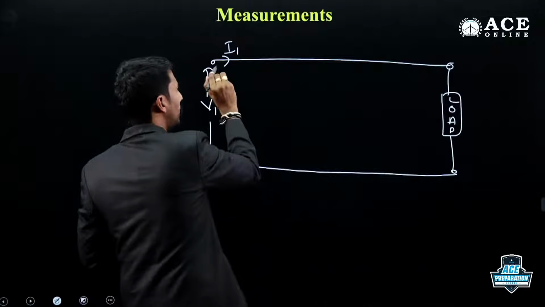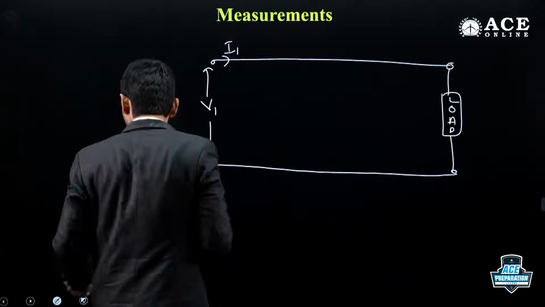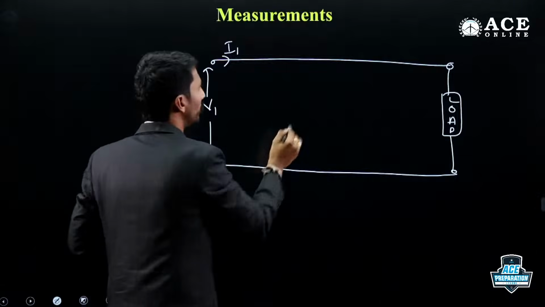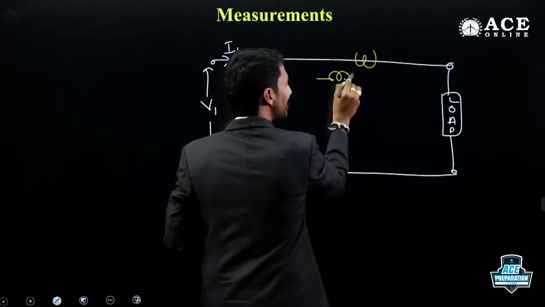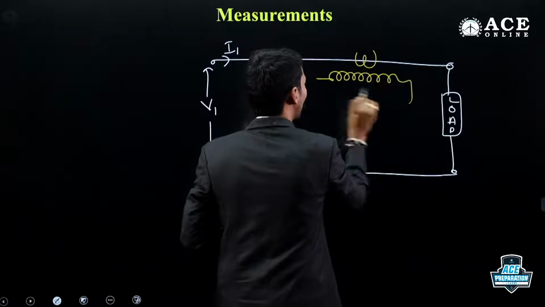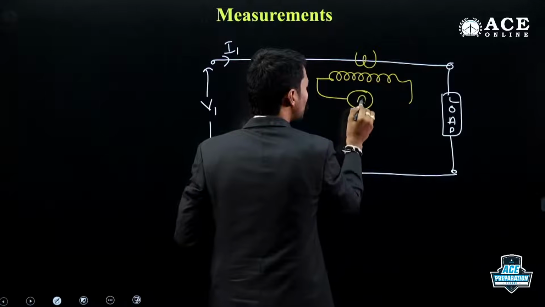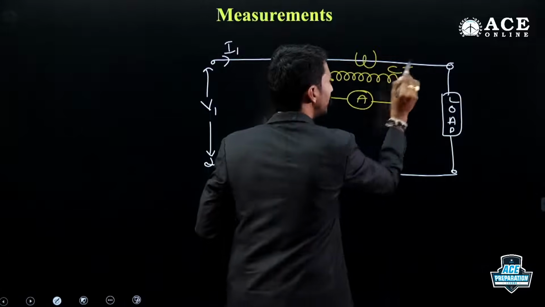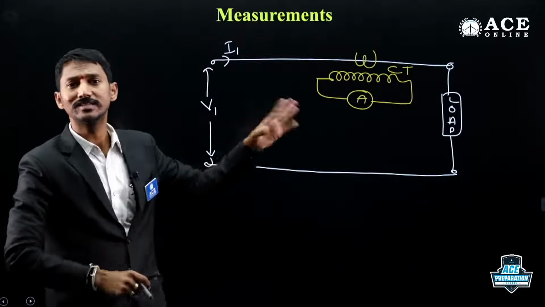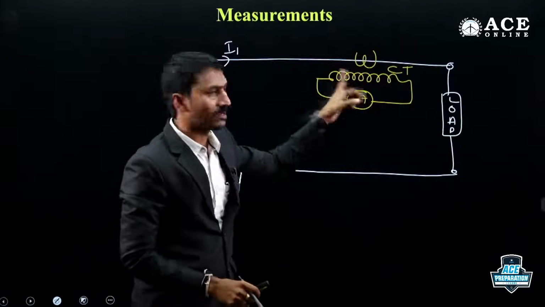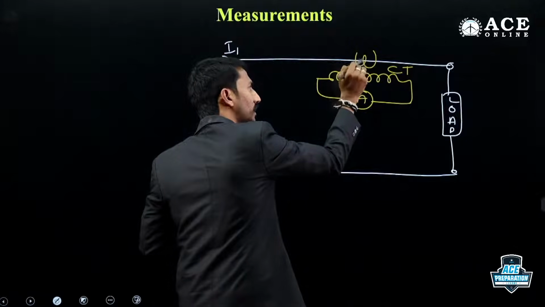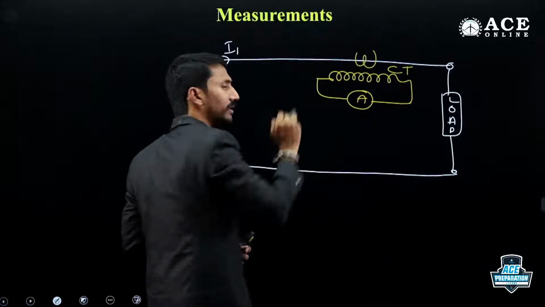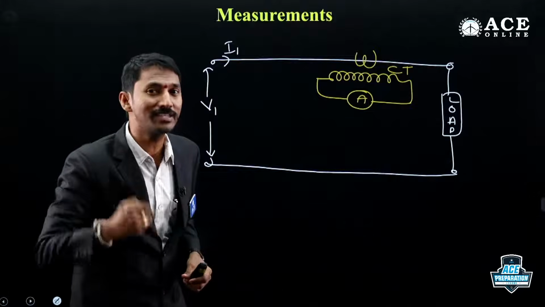Now, in order to measure this current, what do we use, guys? We are going to use a current transformer like this. Of course, everyone knows a current transformer is a step-up transformer. Yes, this is the CT. We have connected the CT. Now tell me, sir, primary current of CT is based on which current?